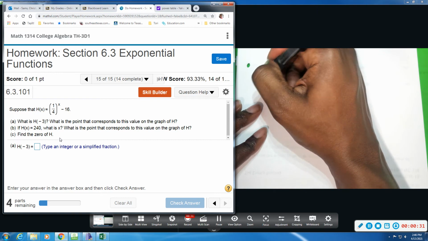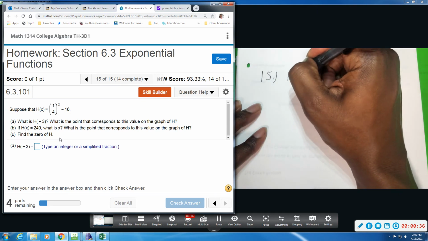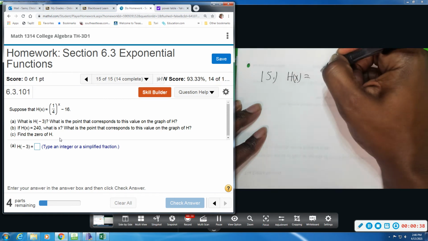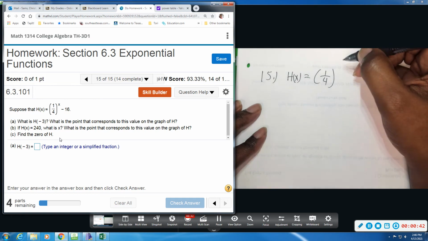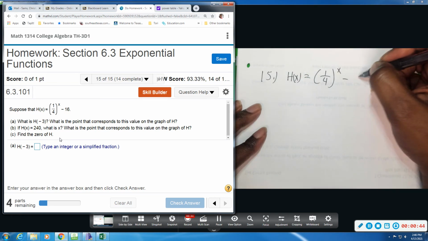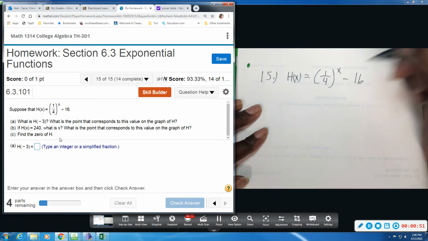So we're given h of x is equal to (1/4) raised to the x power minus 16. Okay, we are going to first plug in h of -3.